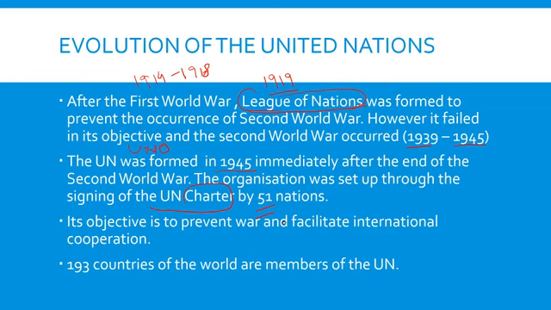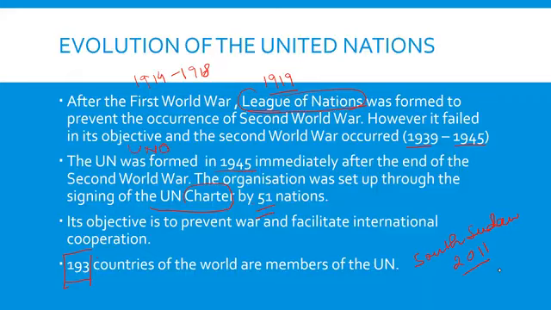At present, the UN has 193 members. So from 51 to 193, the membership has increased so much. The last member to join the United Nations is South Sudan, and it joined in 2011. So 193 countries at present are members of the United Nations.